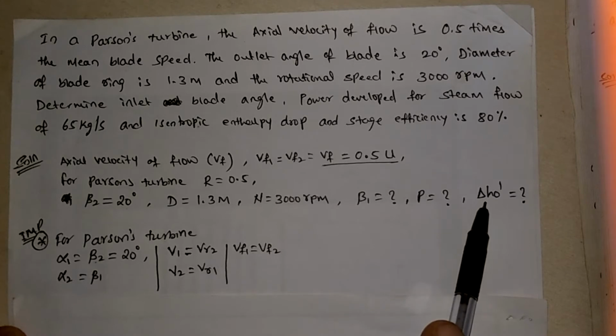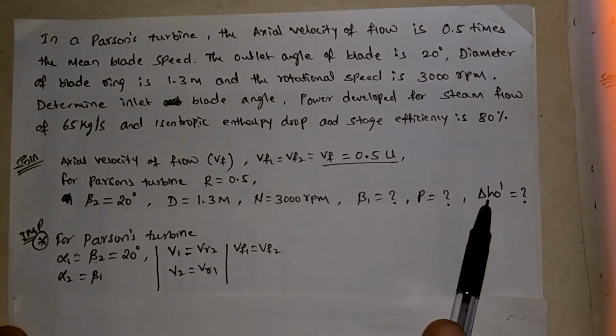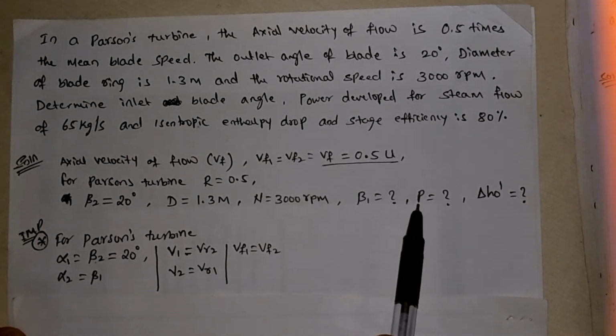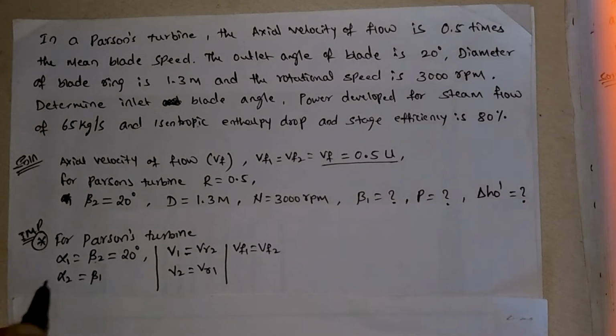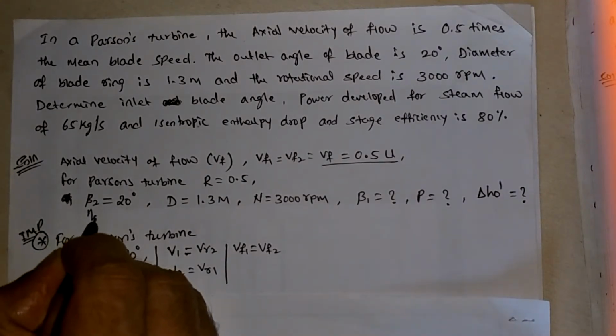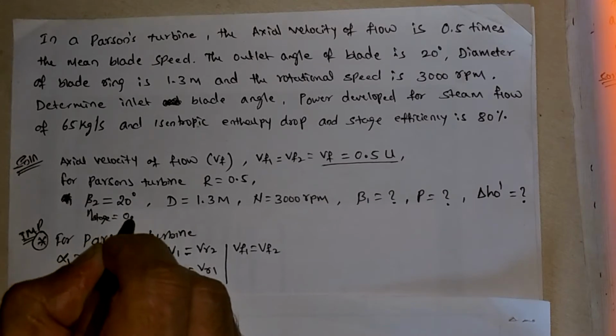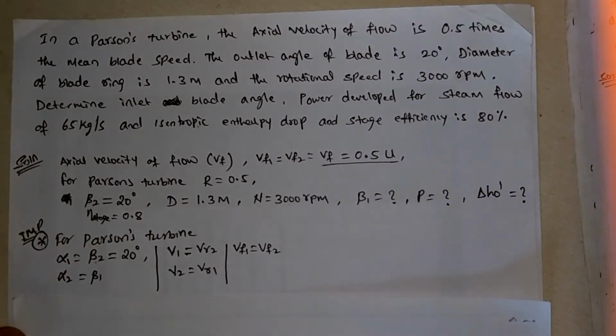Isentropic drop is delta H naught dash. So these three are to be calculated. Along with that, stage efficiency is given, that is 80%, so 0.8 is the stage efficiency. These are all the values that are given.